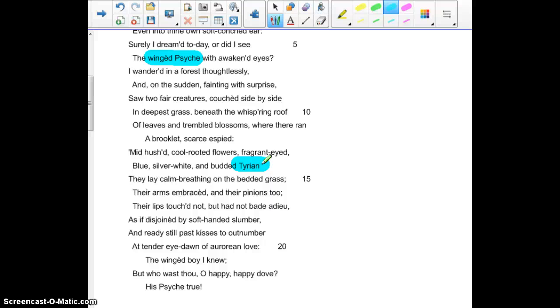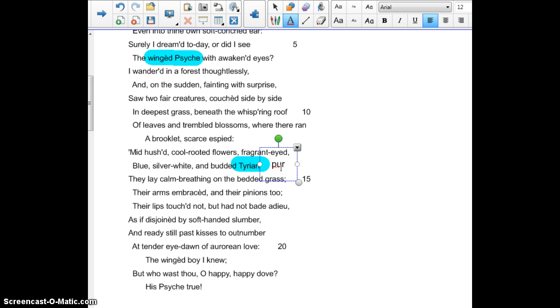I can easily look up the single word Tyrian, or if I'm annotating more difficult text and there's a specific line that I know has to mean something but I don't know what it is myself, I can type that line into any search engine of your choice, and you'll be able to find the information you need. So I googled Tyrian, and I found out that Tyrian means purple.